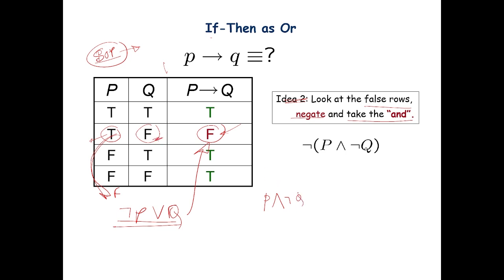True and true becomes true, and then take this. By De Morgan's law, this already becomes this. See that by De Morgan's law, this not goes here and makes this and to or, not stays here, and not Q is basically Q.